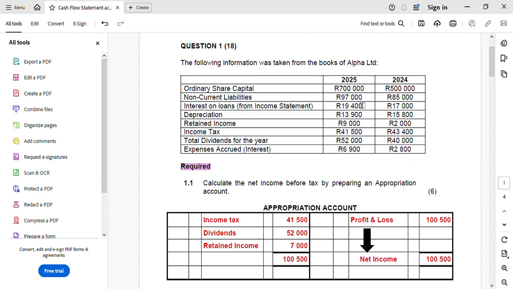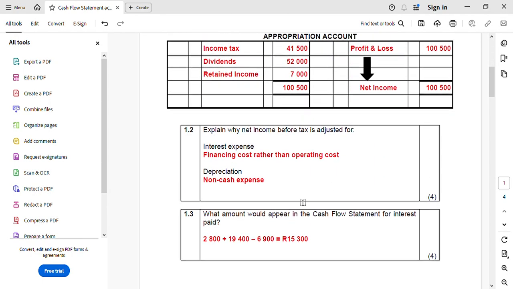The interest on loan in the income statement is the interest that you should have paid, but of that we still owe 6,900. In other words, we take the amount that we owed at the beginning of the year, we add what we should have paid, but of what we should have paid we subtract what we still owe, and that will give us the amount that we've actually paid of 15,300 Rand.